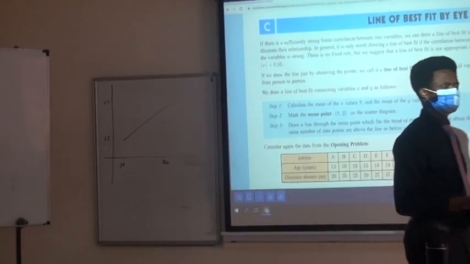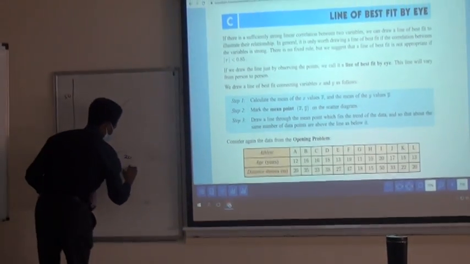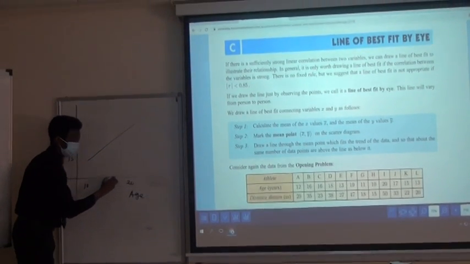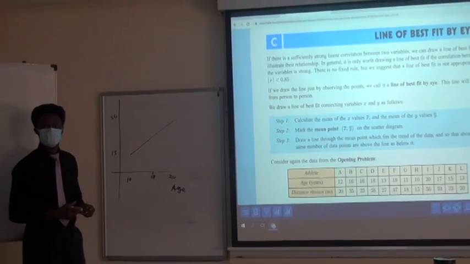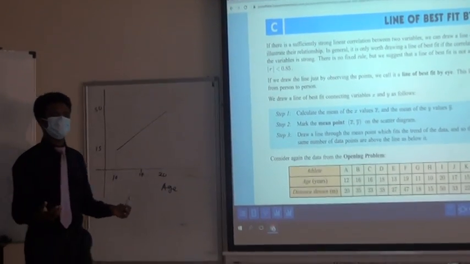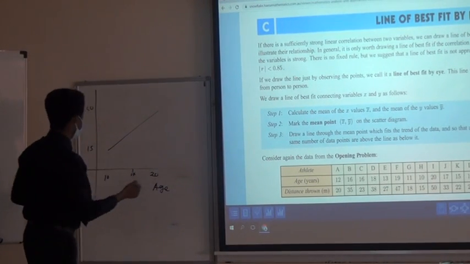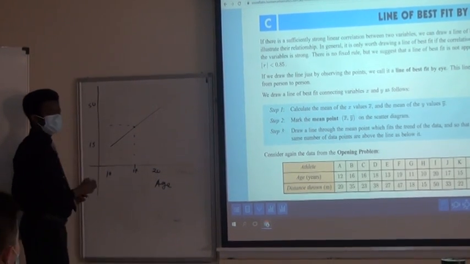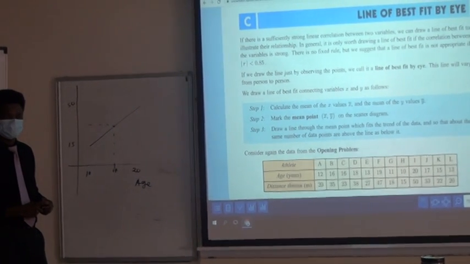If the question is, Rita is an athlete. Her age is 17, for example. We want to predict the distance that Rita can throw. You could see clearly that we can predict that here, isn't it? Yes.